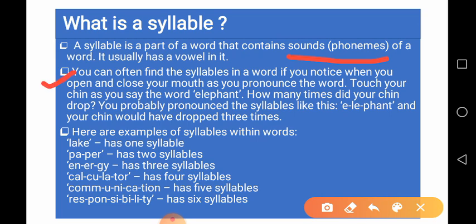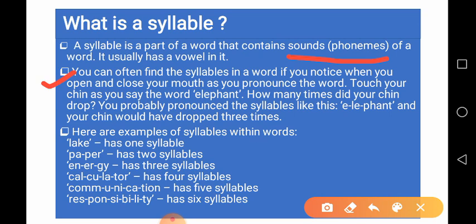You can often find the syllables in a word if you notice when you open and close your mouth as you pronounce the word. Touch your chin as you say the word "elephant." How many times did your chin drop?